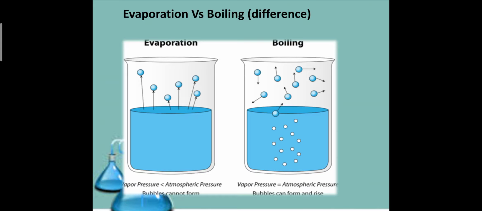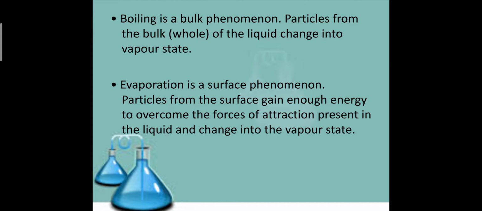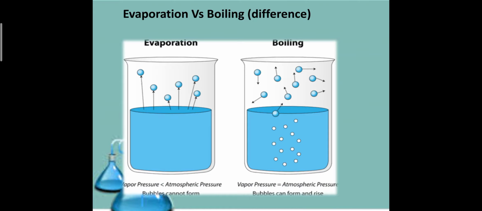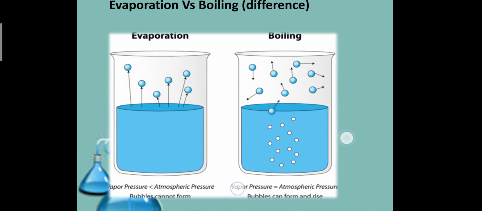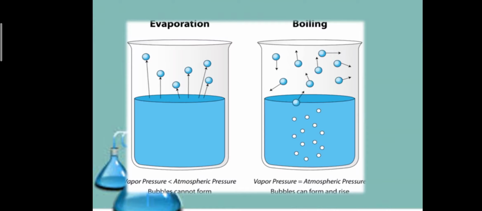Now we have already seen that evaporation and boiling are two phenomena. If we compare evaporation and boiling, then boiling is a bulk phenomenon in which the molecules of the particles are completely changed into vapor in bulk form.